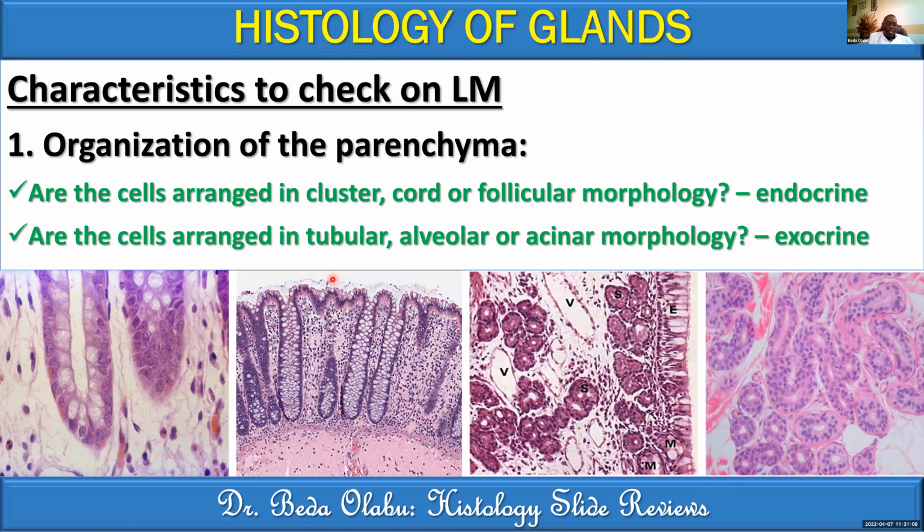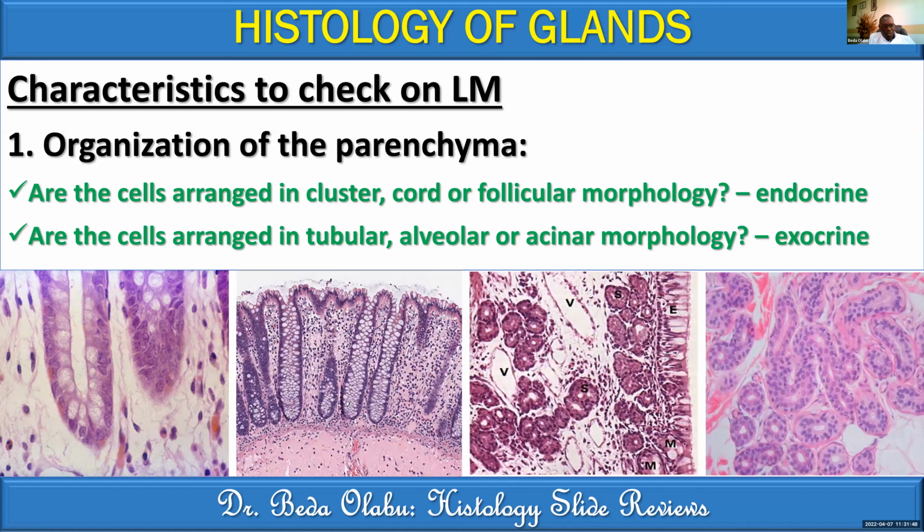So right, are they tubular, alveolar, or acinar morphology? Okay, thank you for those who have responded. So these ones are all tubular morphology, as majority of you have indicated.